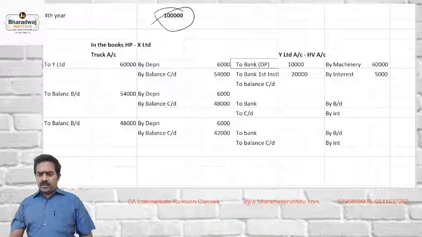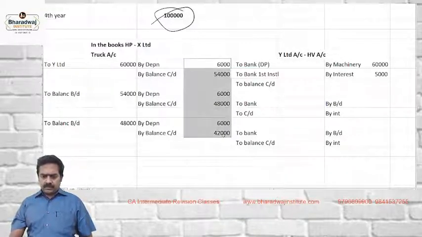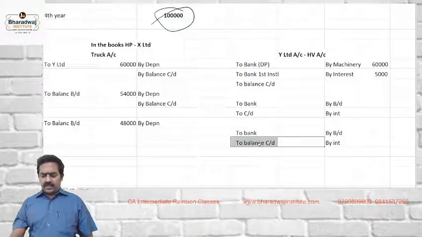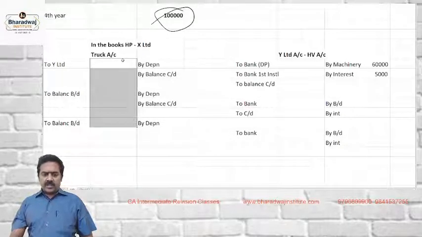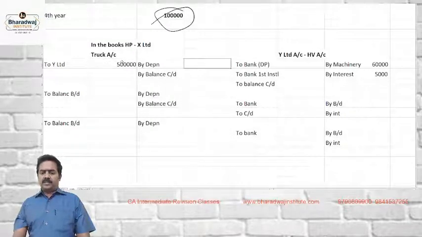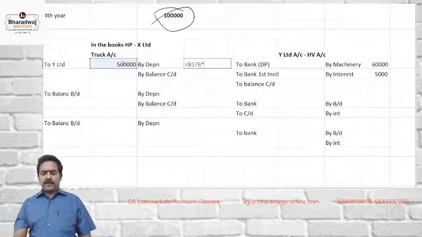For the first 3 years there is no change, same thing. You can do it. Don't close the third year balance because some repossession is there. Truck account due to Y Limited account. What is the cash price of all the 5 trucks? 5 lakhs. By depreciation, how much percentage? 20% WDV.